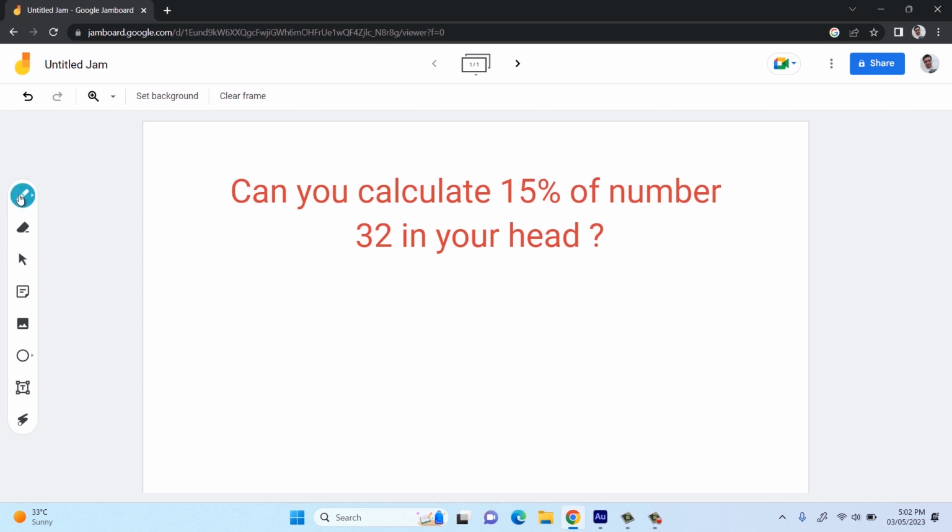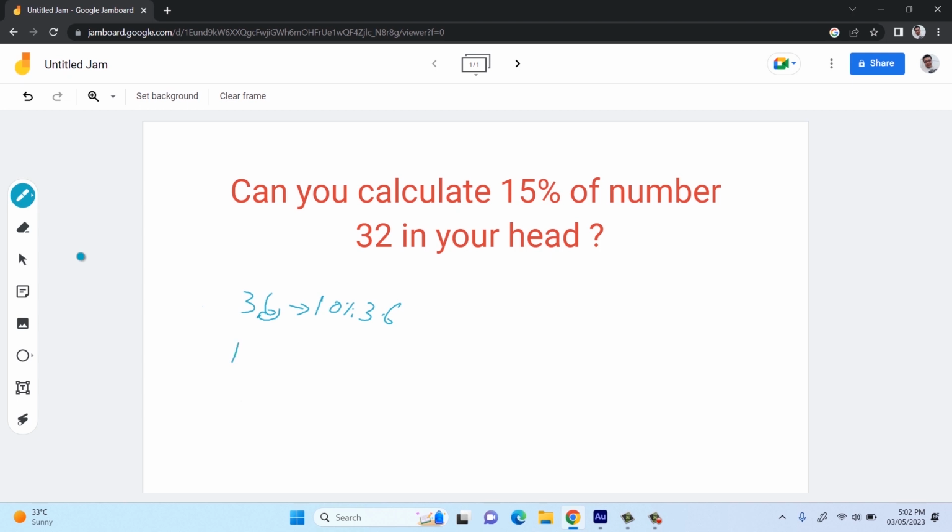So now let's just try with number 36. 10% of number 36 will be 3.6, correct? So we move the decimal over here. And as I told you, this is the universal formula.